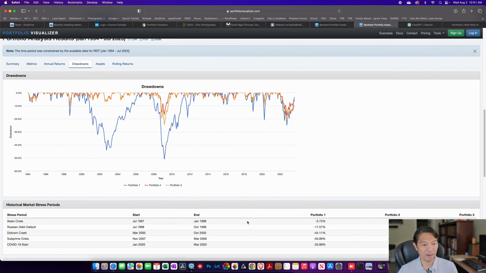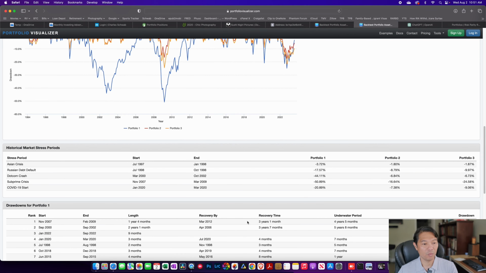If we go down here and take a look, for portfolio 1, the max drawdown has a length of only 1.5 years, almost 1.5 years. But you were underwater for almost 4.5 years. This is how long it took you to get back to essentially zero.